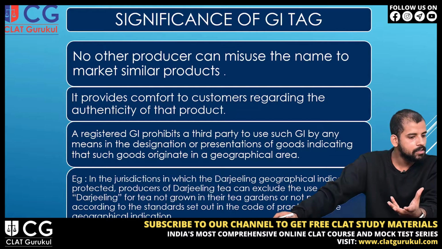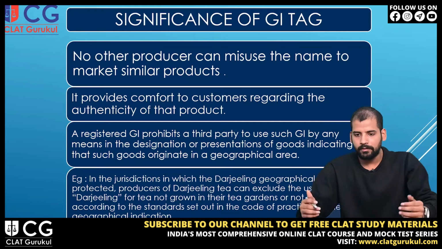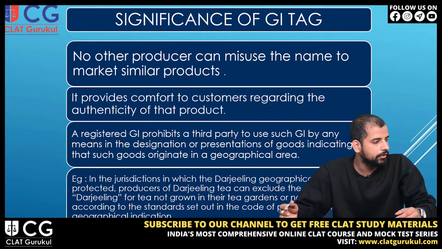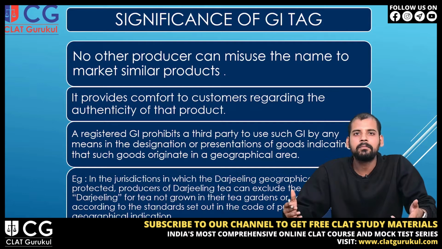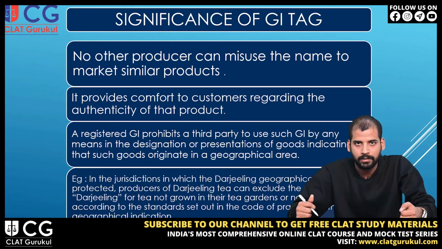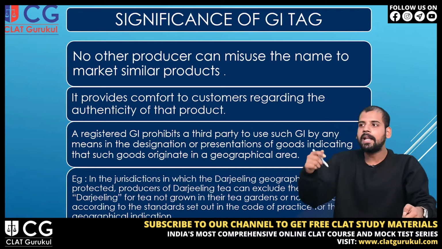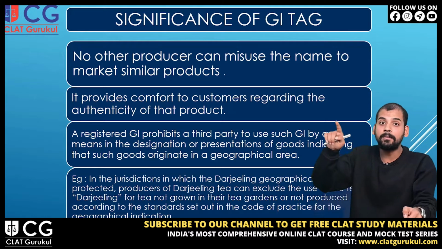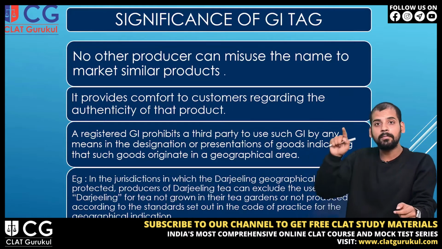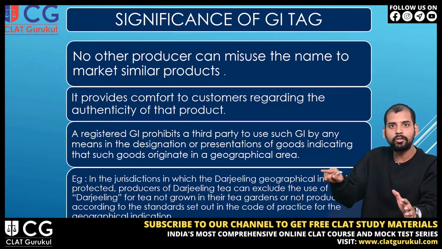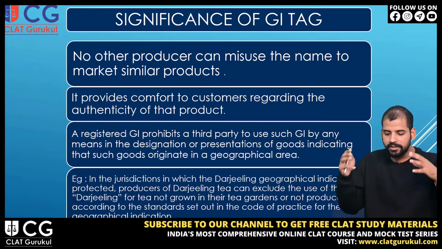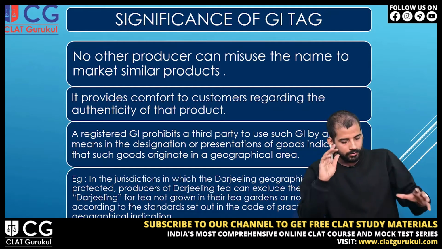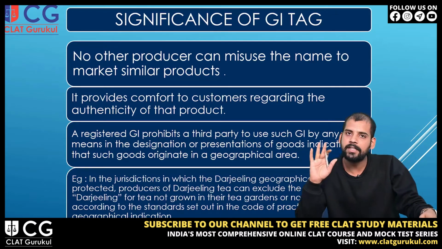For example, when you are going to the market and buy some sort of gold, for example. Now, you know there are some places that are very authentic. There are some places that you know must sell you some sort of genuine product. So GI certified tag gives you that kind of assurance that those products are very genuine.